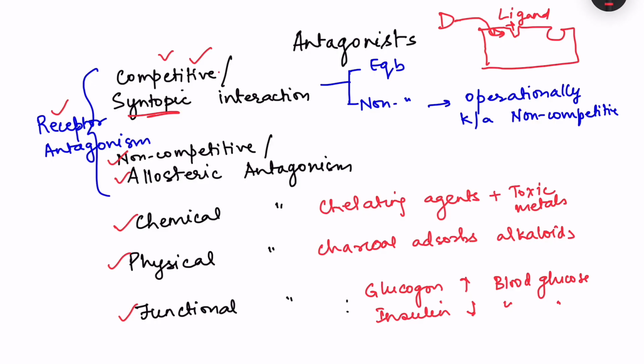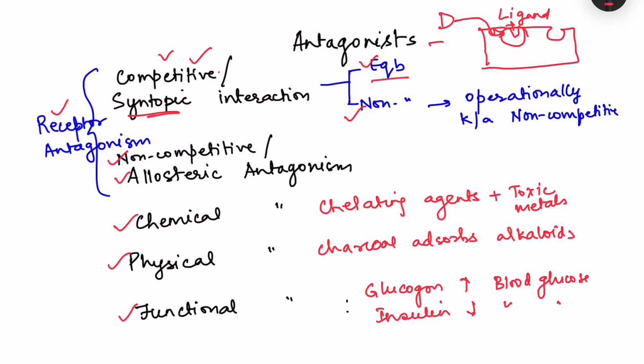This competitive interaction can be of equilibrium type or non-equilibrium type. In equilibrium type, there is competition, so it is going to decrease the response, because the ligand will produce a response. Now when this drug binds here, it will not allow the ligand to bind, and there will be a decrease in the response.